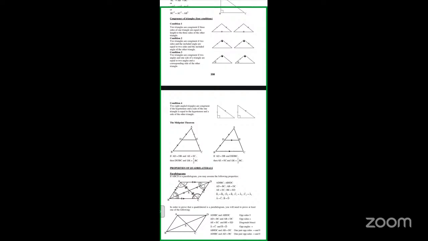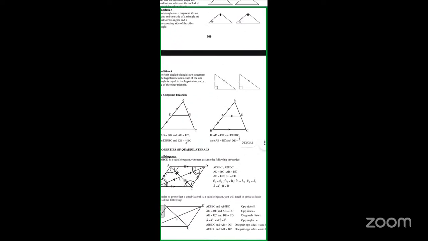Because remember, these 2 triangles are right-angled. Already we have that angle, which is the right angle, equal on both triangles. Then we focus on the other 2 sides. Therefore those triangles are congruent. Then we are done with the conditions of congruency.